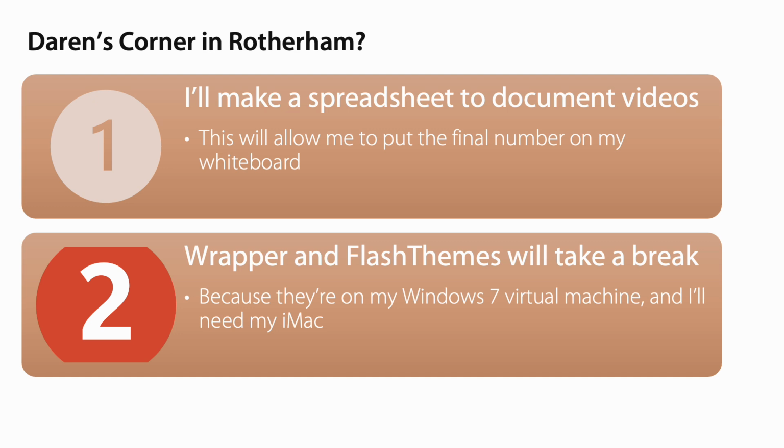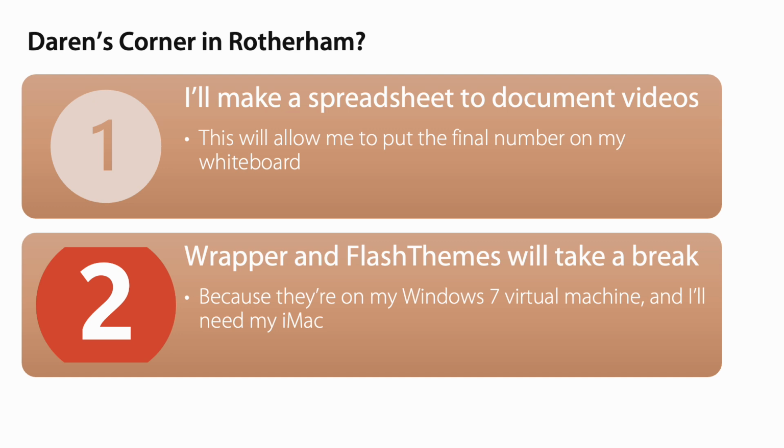Now, I'm going to be going up to Rotherham soon, I'm going to spend 4 weeks with my mum. What I plan to do before I do that, so I've got my video ideas written down on my whiteboard, how many videos I've got planned.